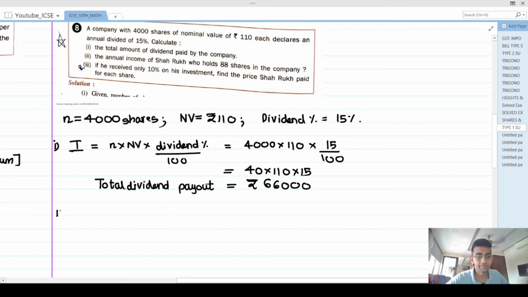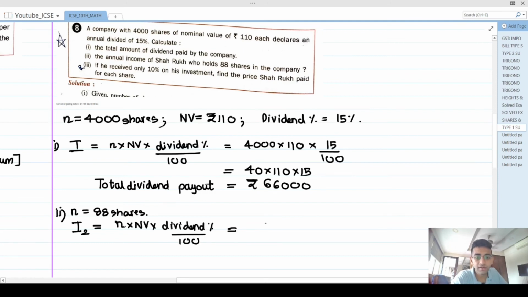Let's look at the next subpart. The annual income of Shahrukh, who holds 88 shares in the company. Now N here is 88 shares. Okay. So what will be his annual income? Is nothing but N into NV, again same formula, into dividend percent upon 100.